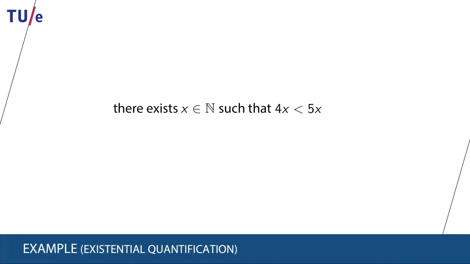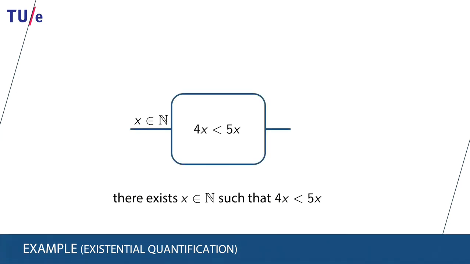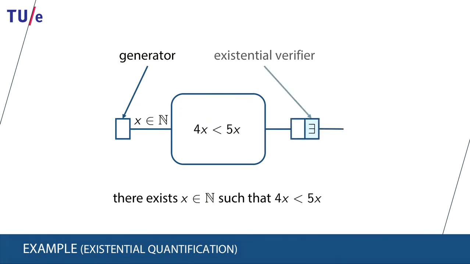Let's consider the interpretation of our example. There exists a natural number x such that 4x is less than 5x. We again attach the input port of the device corresponding to the predicate 4x less than 5x to a generator, which is thought to exhaustively generate all natural numbers. And then we attach the output port of the device to a so-called existential verifier.